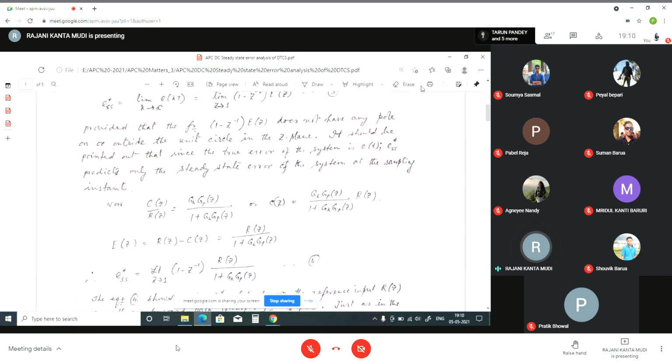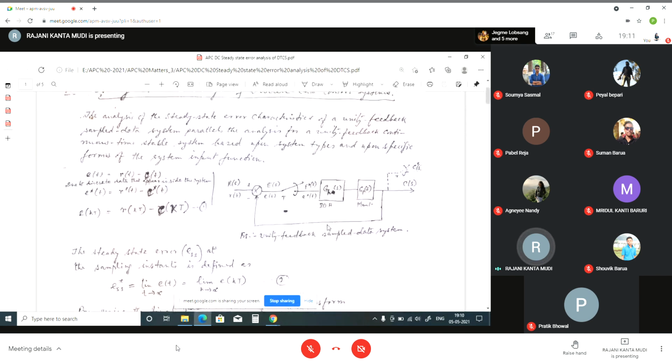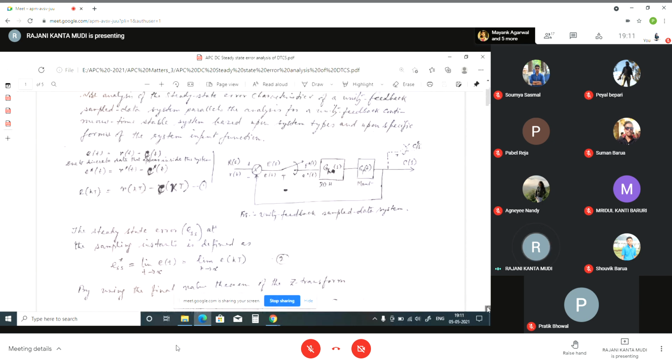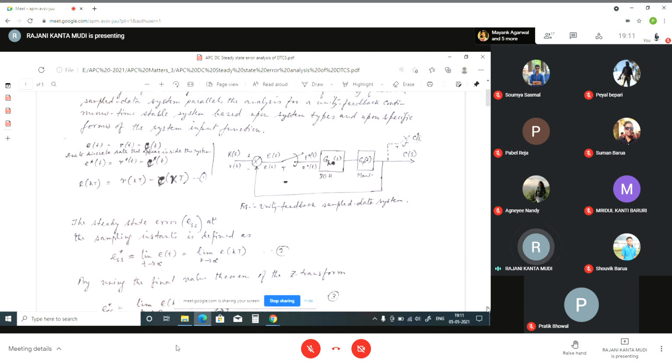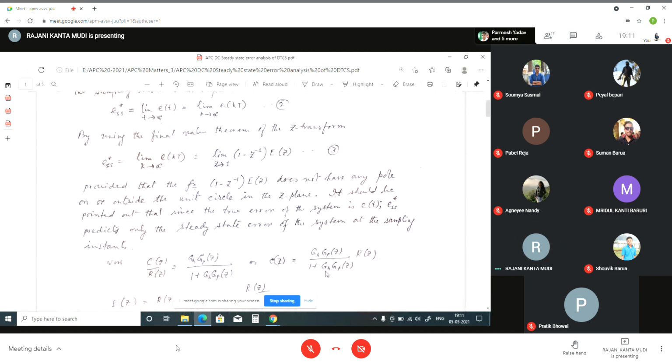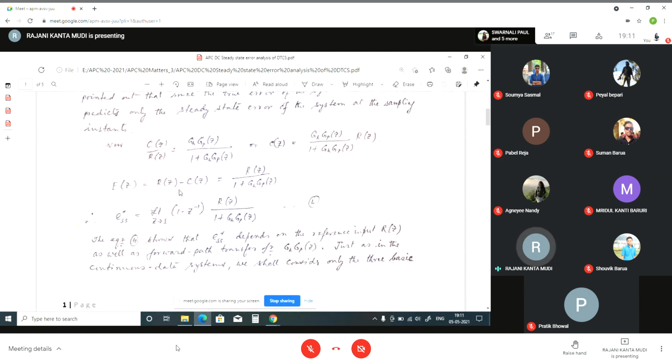Now, what is the pulse transfer function? C(z) by R(z) equals GhGp(z) by 1 plus GhGp(z), because between the sampler there is a hold and a plant, so GhGp(z) is taken as a whole, not G(z) and Gp(z) separately. E(z) equals R(z) minus C(z).